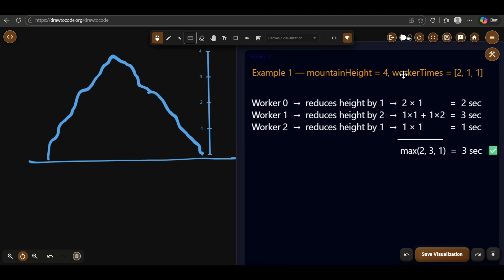And we are also given worker times 2, 1, 1. Suppose this is the first worker, this is the second, and this is the third worker. They are trying to chop this mountain such that its height will become 0.